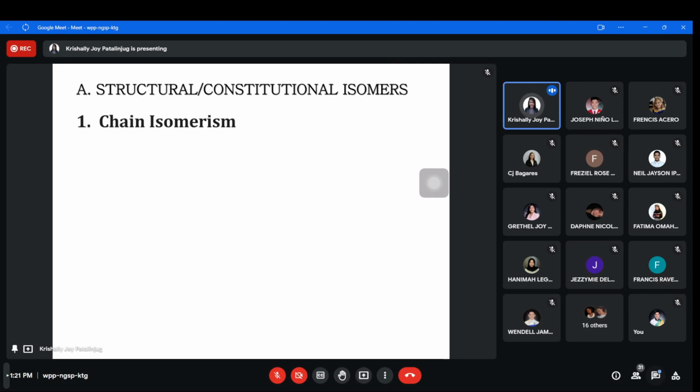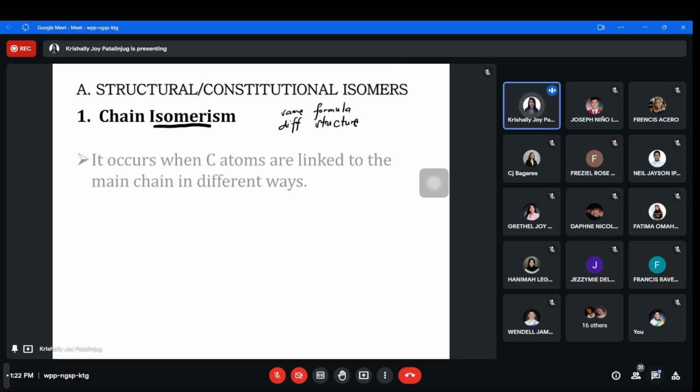By the way, para hindi kayo mawala sa topic, basta isomer, same formula, but different yung structure. Dapat yan yung ma-observe natin for the whole topic ng isomerism. Same sila ng formula, different yung structure. So ano yung pagkakaiba ng structure kapag chain isomerism?